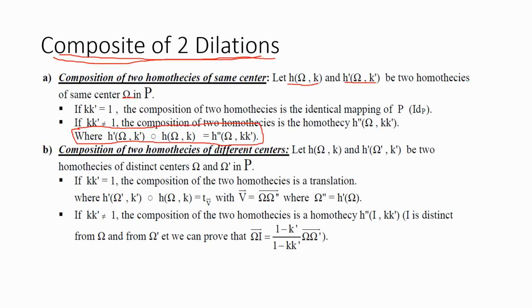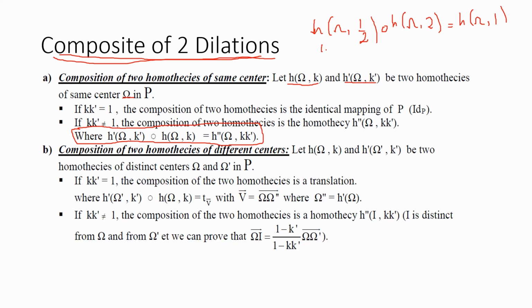For example, if we have H omega half round H omega 2, what do we get? We get H omega 1, ratio 1, which we call the identical transformation.